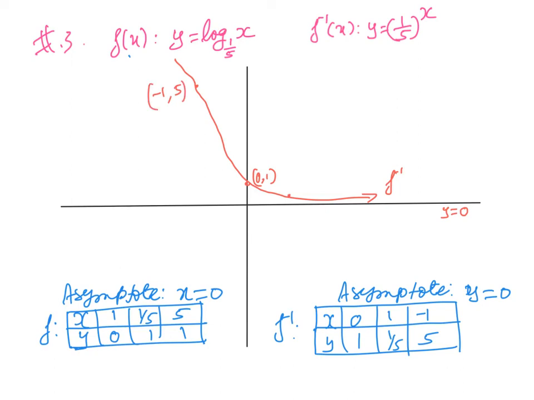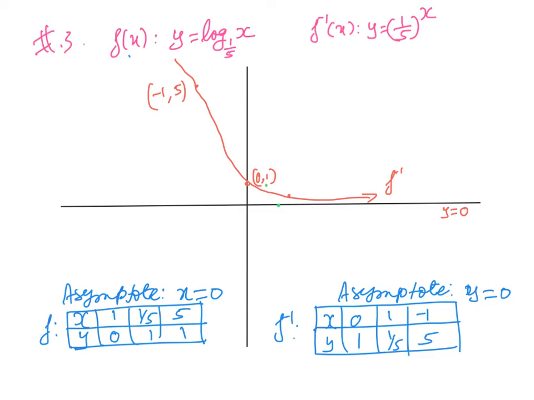Now if I want to sketch the graph of f, 1, 0 will come here, and 1 over 5, 1 will come here, and then 5, 1. Something went wrong, sorry. 1, 0, and 1 over 5, 1.